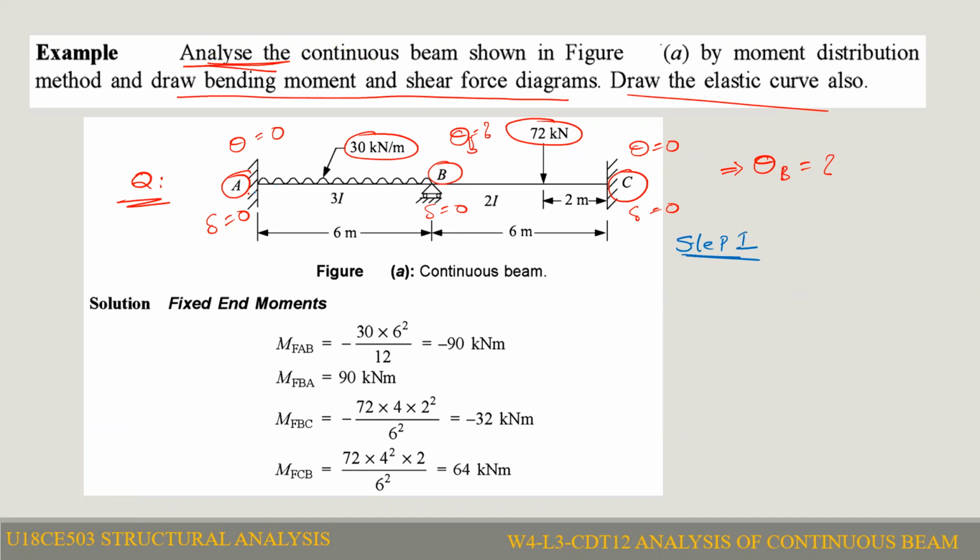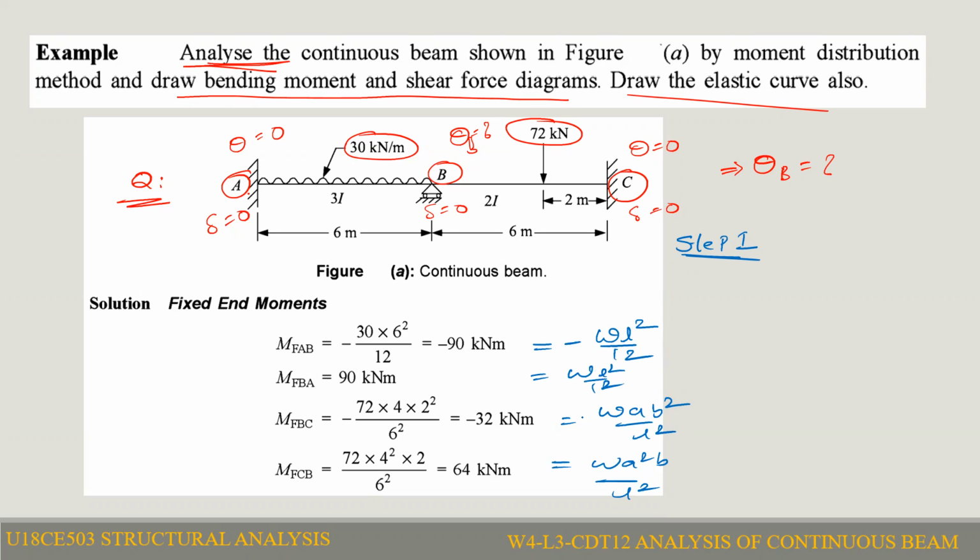So we know this is a uniformly distributed load. For uniformly distributed load, the fixed end moment can be calculated from the formula WL square by 12. For an eccentric point load, the fixed end moments can be calculated as W A B square by L square and W A square B by L square. We know these formulas very well, so you substitute the W value and L value.